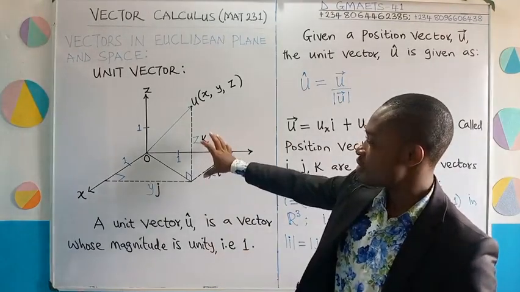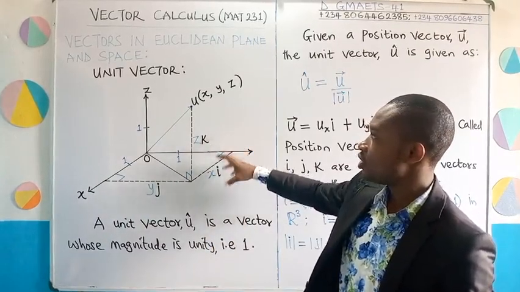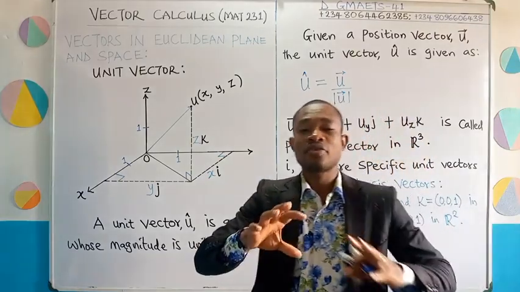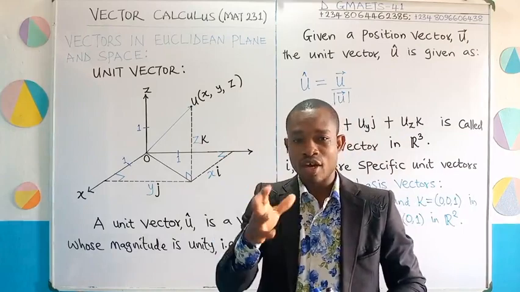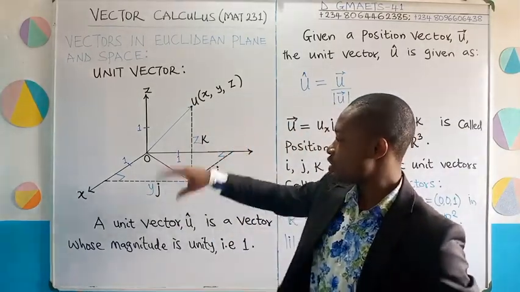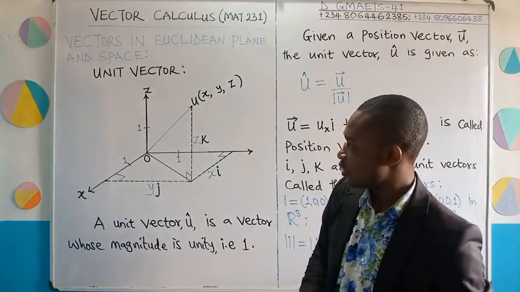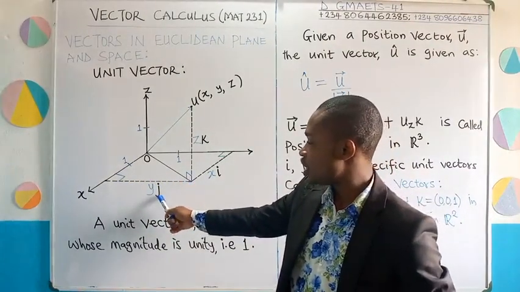Now you can see this graph here on the board. I've decided to use the Euclidean space graph for 3 dimensions because, like I said, the 3-dimensional vector is a more general case. If you delete one of the axes, it will reduce to 2 dimensions. So I've just given it the more general form. Now you notice something here: along the y-axis, I've introduced j.